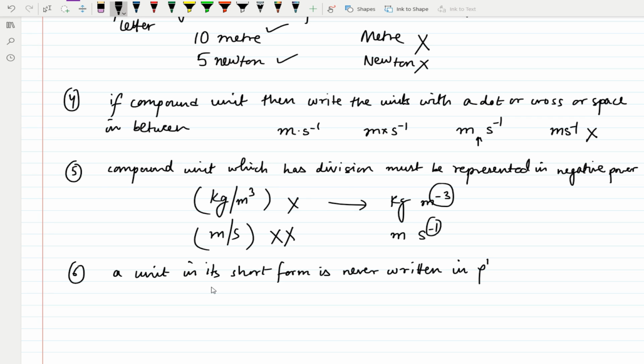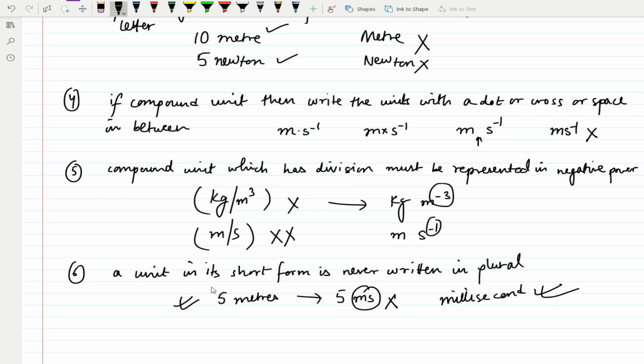For example, 5 meters. You will not write it as 5 ms. No, ms has a different meaning, it means millisecond. So you are totally changing the physical quantity. This was supposed to be the unit of length, and you have made it a unit of time. So what will you write? For 5 meters, you will always write 5 m. You will not use a plural when writing in short form.